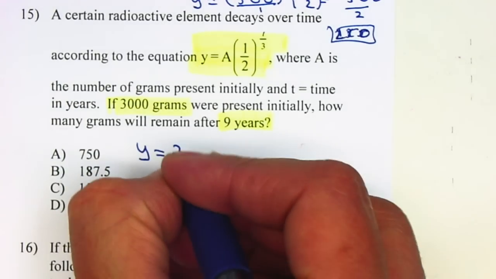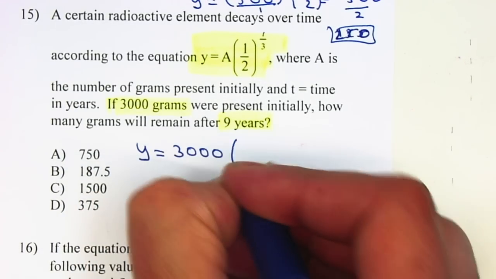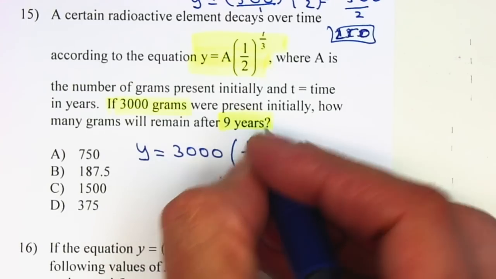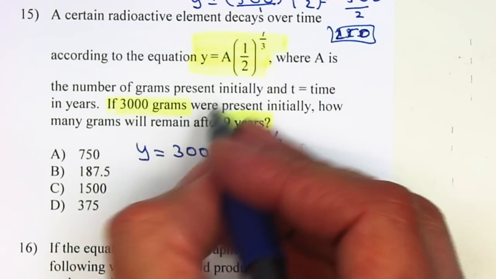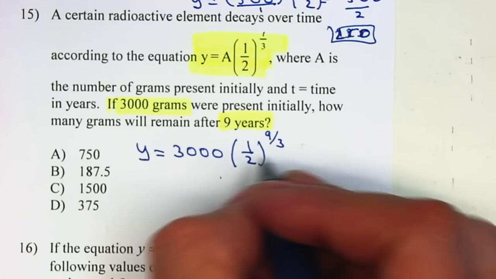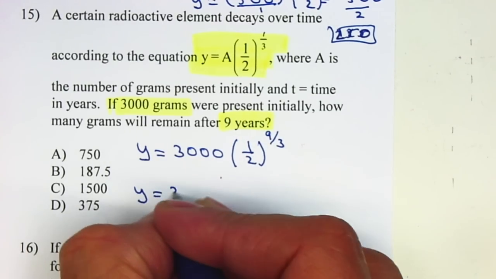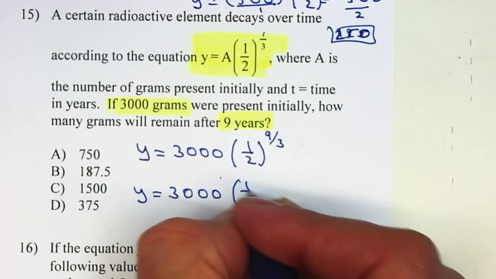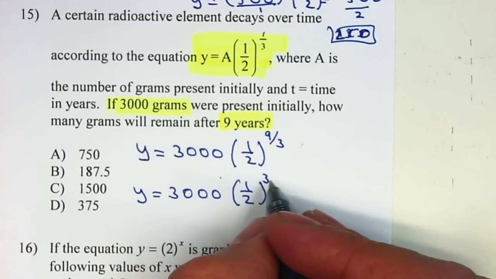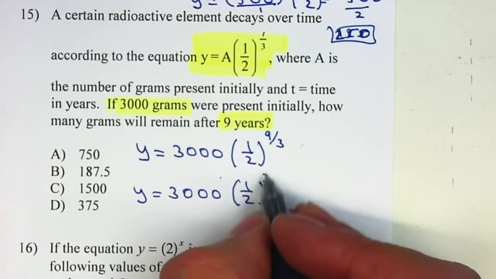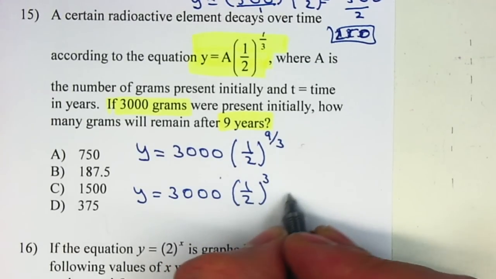Y is equal to 3,000 times 1/2 to the T over 3, so we just plug in the 9 into the T. So Y is equal to 3,000 times 1/2 to the 9 divided by 3, which is 3. Now be careful, some of you are not writing this small enough to be an exponent. You multiply like a big 3.